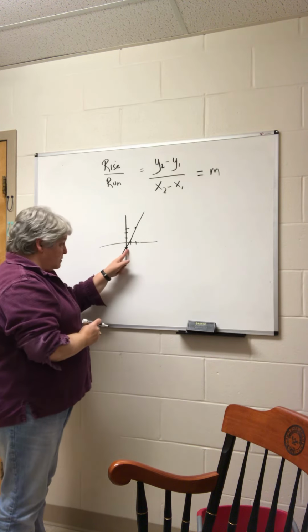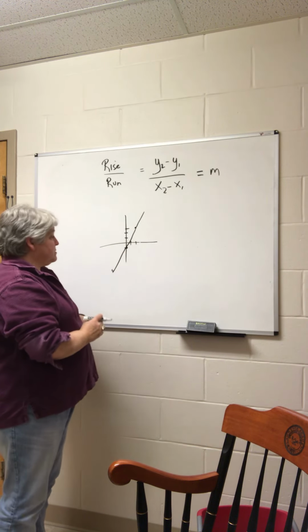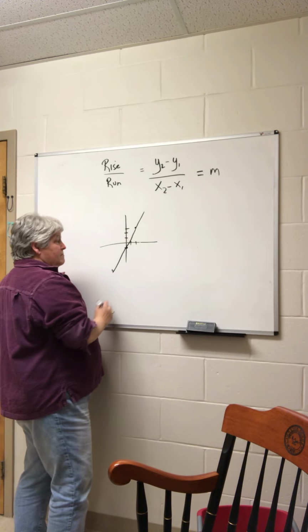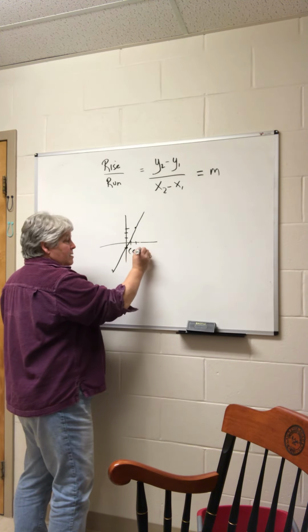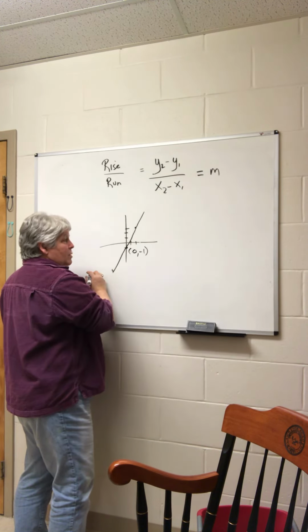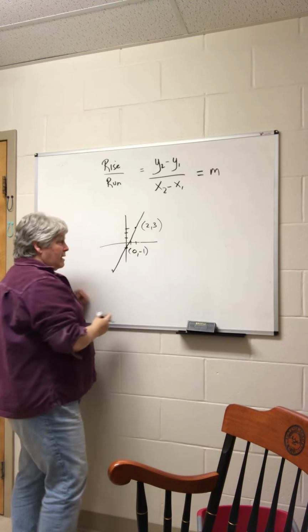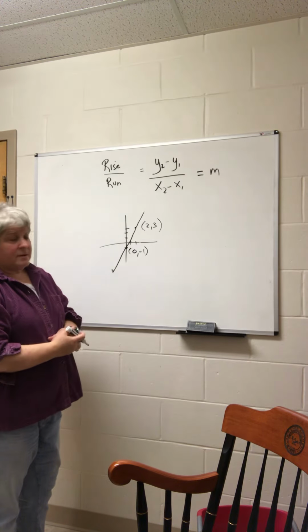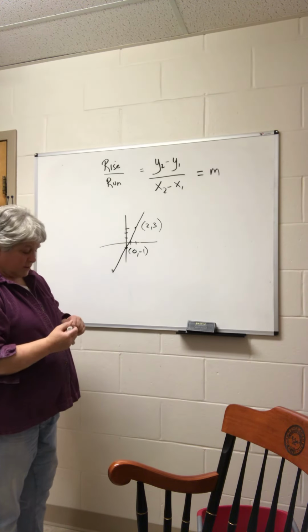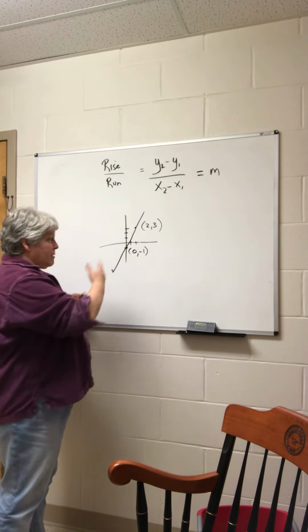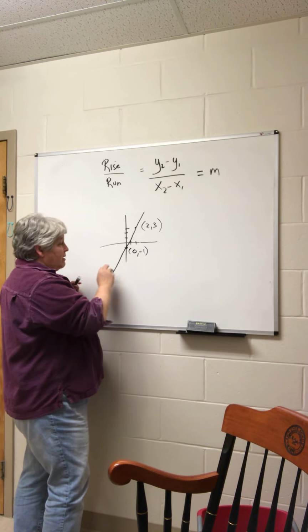I could find the coordinates of this point. It's (0, -1). I could find the coordinates of that point. That's (2, 3). And then I could use that formula. But there's an even quicker way to do it if it's on a grid already and you don't have to do a lot of calculating.